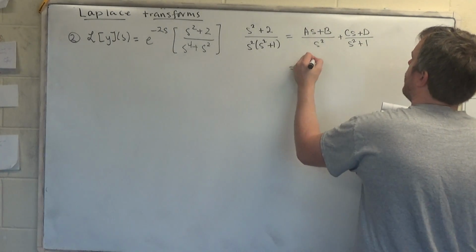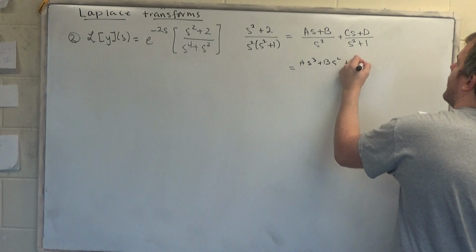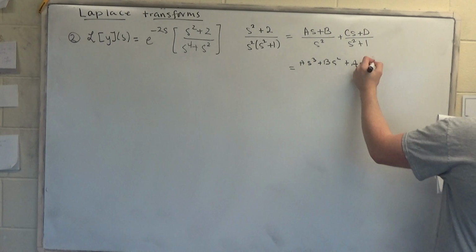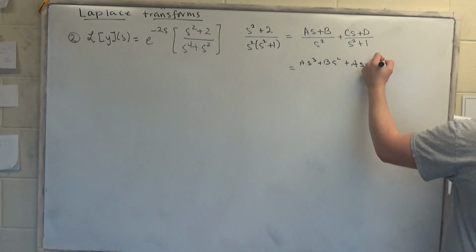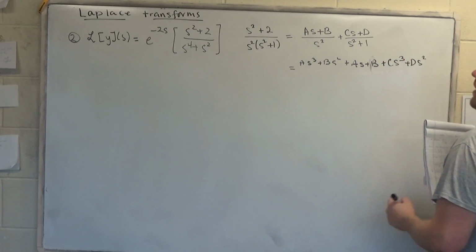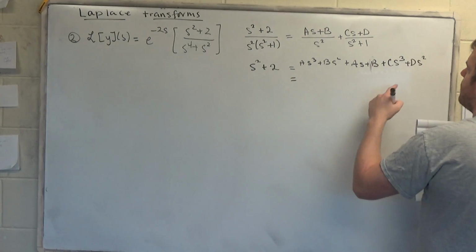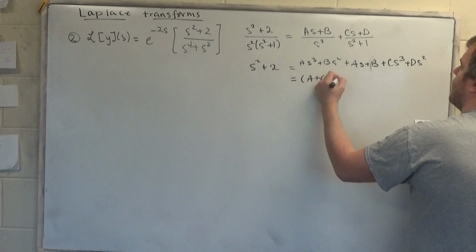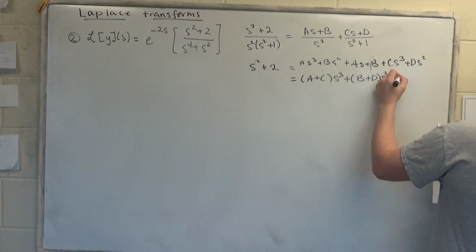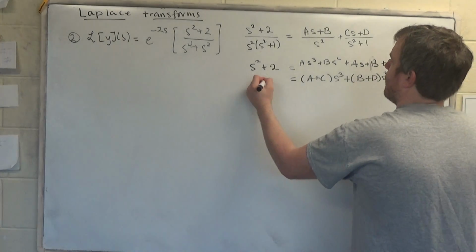You'll get as³ + bs² + as + b. And then multiplying the s² through, we get cs³ + ds². And this is supposed to be equal to s² + 2. So I'm going to do a little simplification by collecting terms. I get (a + c)s³ + (b + d)s² + as + b. This is still equal to s² + 2.